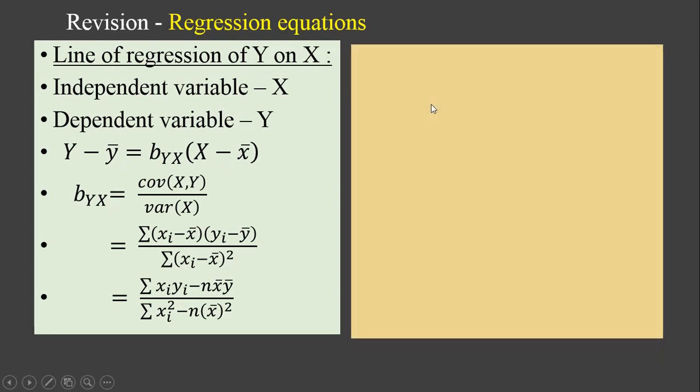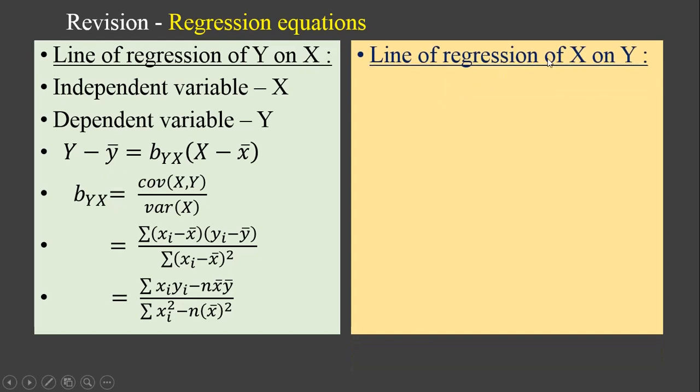Now, we see line of regression of x on y. Regression of x means prediction of x when value of y is given. Y is known. So y is independent variable and x is dependent variable in case of line of regression of x on y.